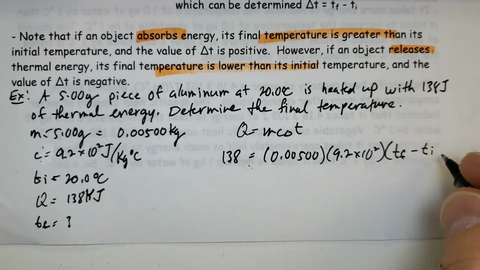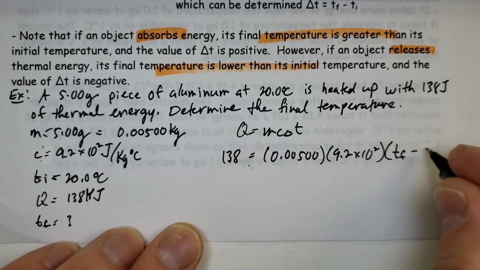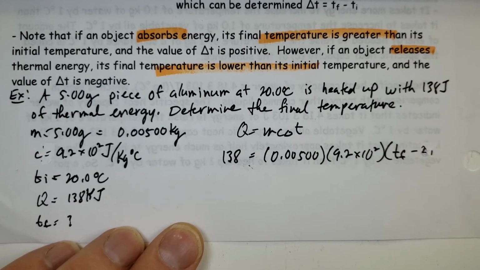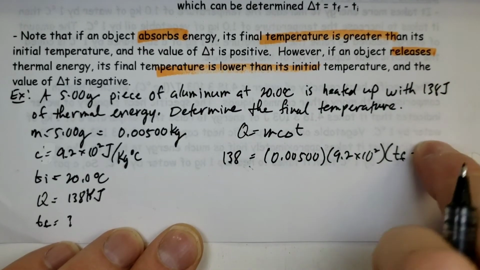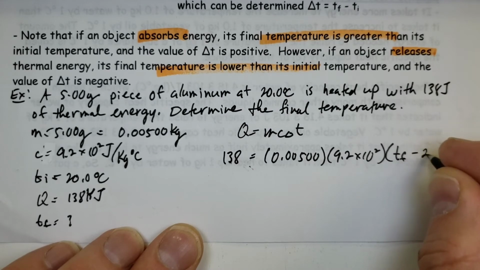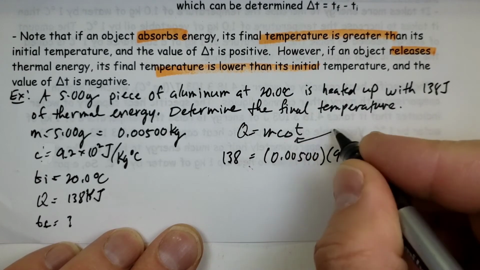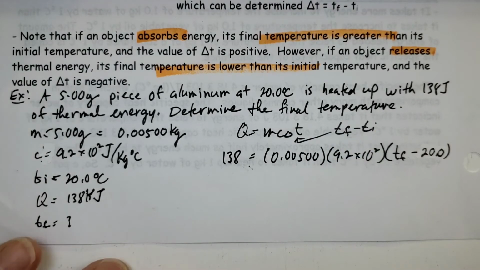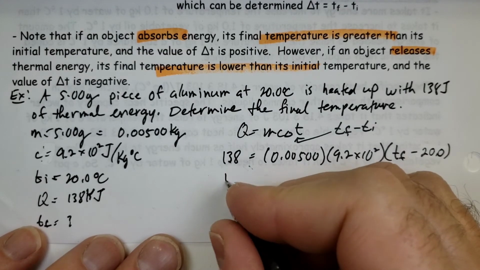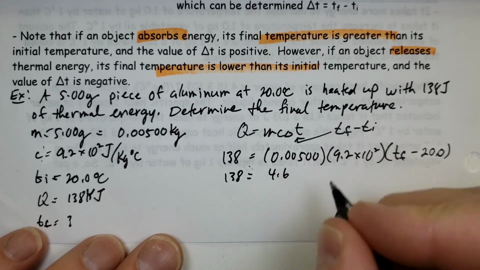And of course, we know that Ti is 20. So Tf minus Ti. What I can do here is multiply this out first. When I do that, I'm going to get 4.6.